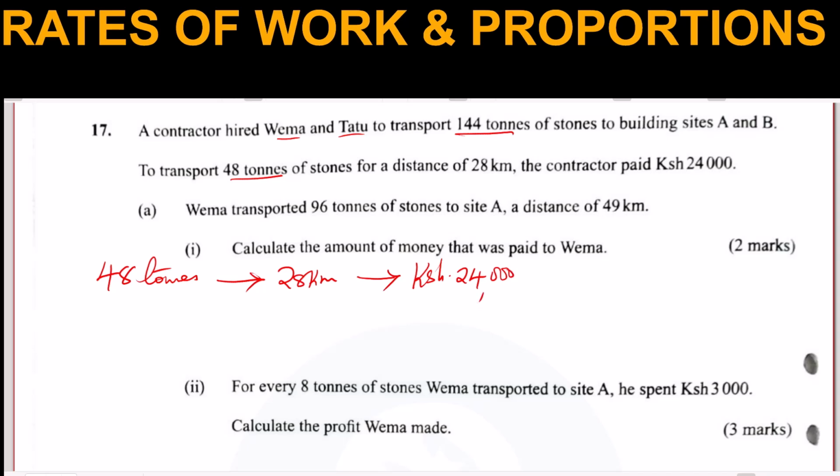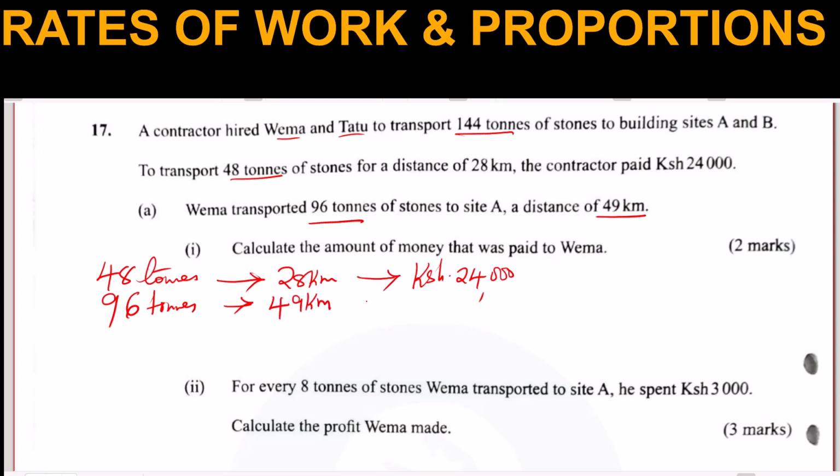Now from that statement, that is where we're going to get the amount paid to Wema for transporting 96 tons. So if transporting 48 tons for a distance of 28 kilometers is paid 24,000, what about transporting 96 tons for a distance of 49 kilometers?